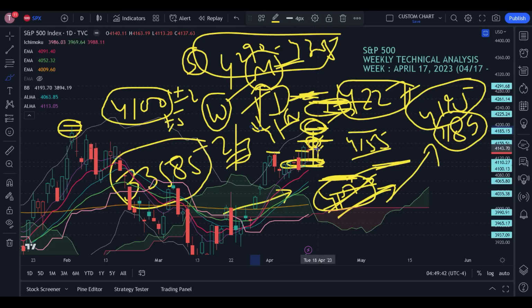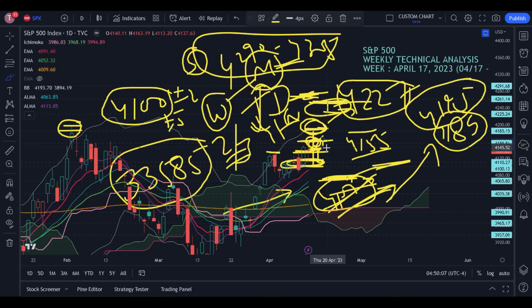Now in the first case, if there is a normal drop when the failure comes, then on Tuesday we will again wait to see if it can close above 4155 or 4160. If it again fails, that is something serious.